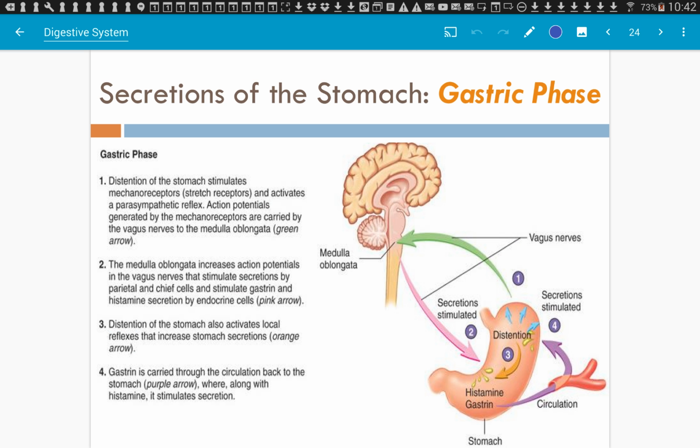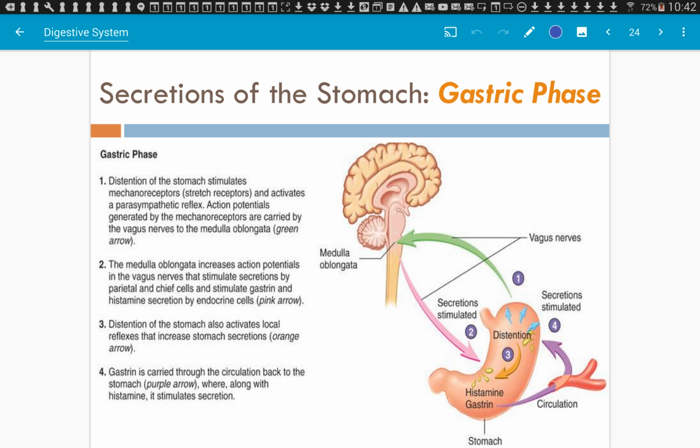Okay? So after the cephalic phase, we have the gastric phase, where food's actually entering into the mouth and you're swallowing it. When your stomach's empty, it kind of shrinks up. It doesn't stay full unless you've got gas, I guess.